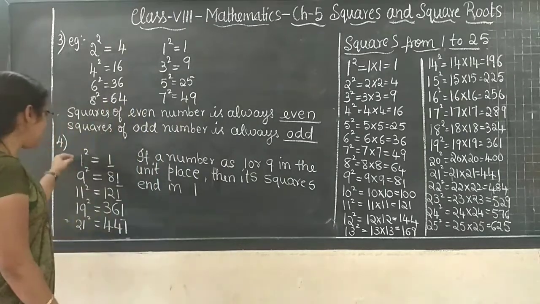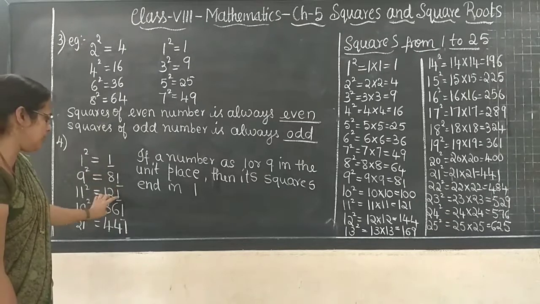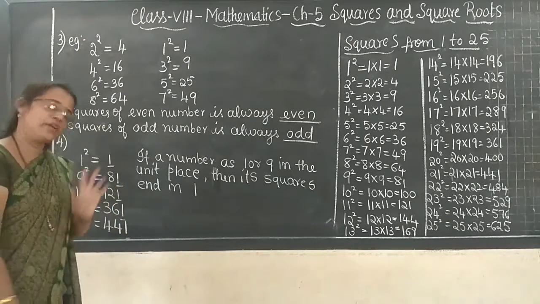Okay, the number ends with 1 or 9. Its square ends with the number 1. That you have to understand.